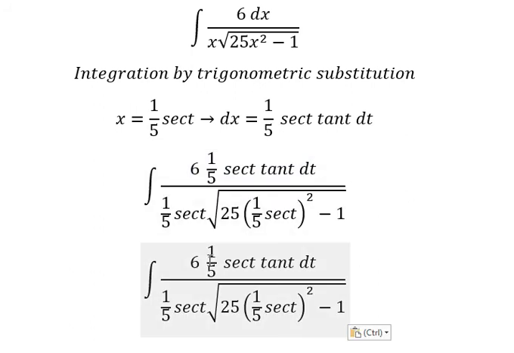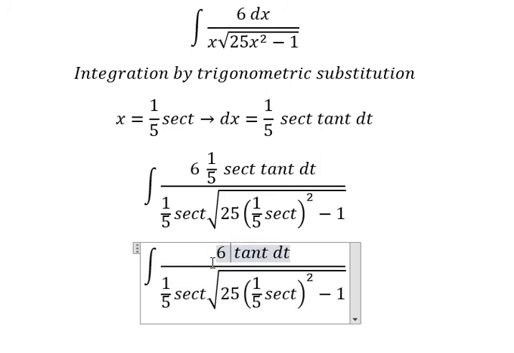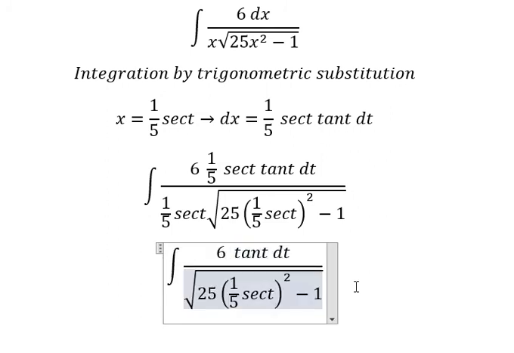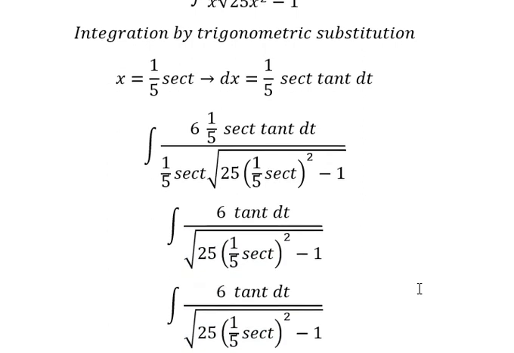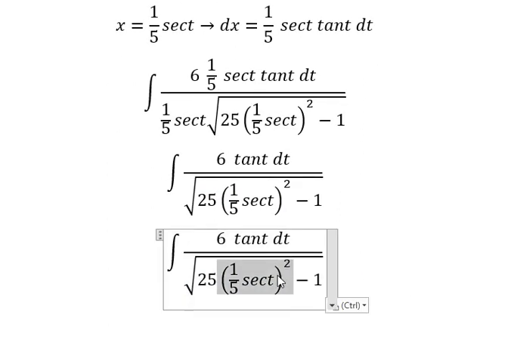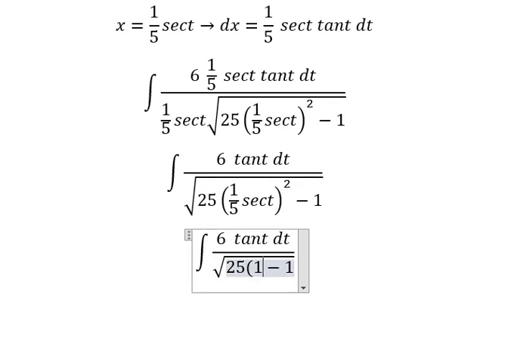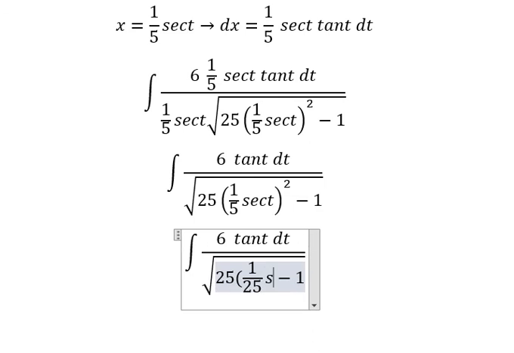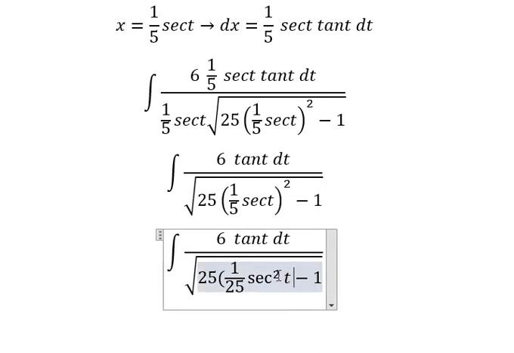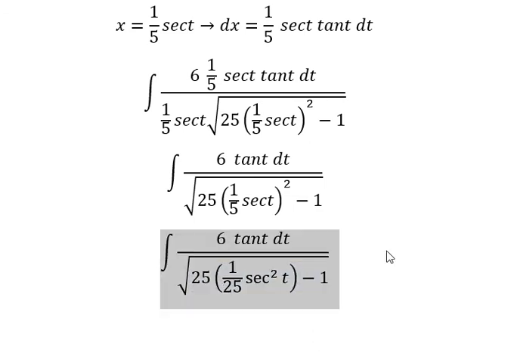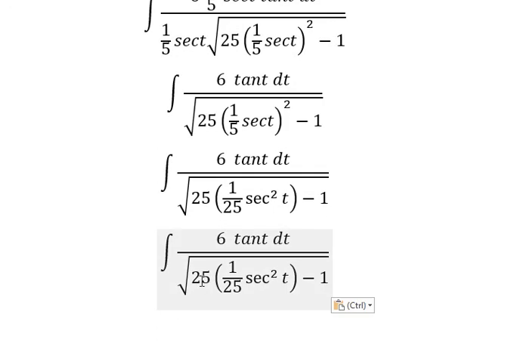So we simplify 1 over 5 secant of t on numerator and denominator. This one we have 1 over 25 secant of t squared. 25 we simplify.